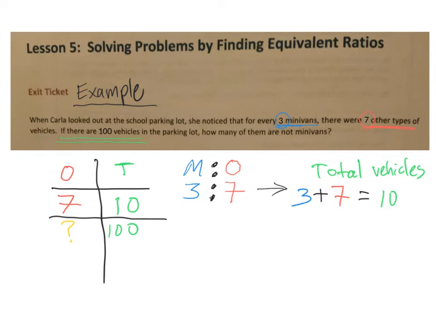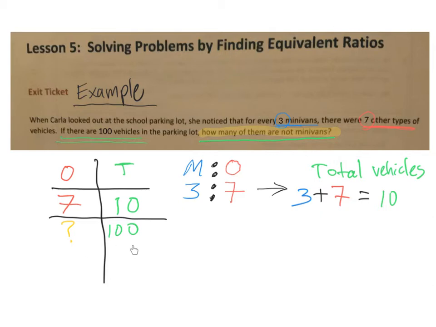If there are 100 vehicles, how many of them are not minivans? And we really got to make sure that we understand that it's asking not minivans. Okay? So make sure that you're saying not, or understanding that it's not minivans.